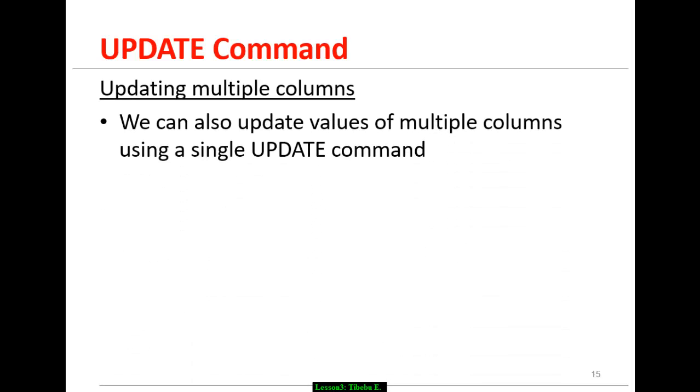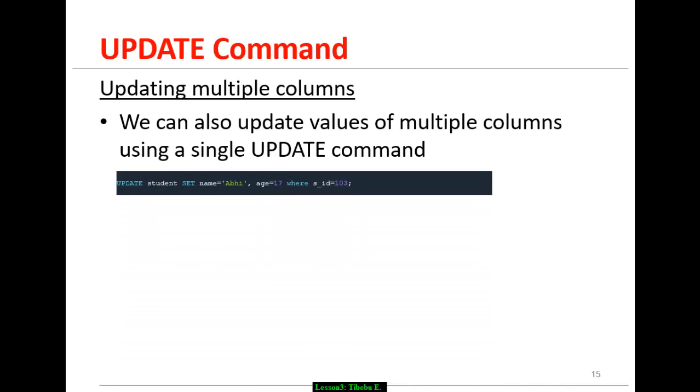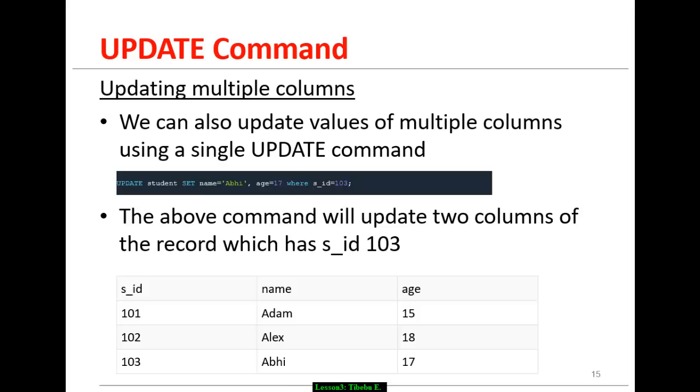Updating multiple columns. We can also update values of multiple columns using a single update statement. The statement below will update two columns, name and age columns, of the student table. The table below shows result of the above update statement.